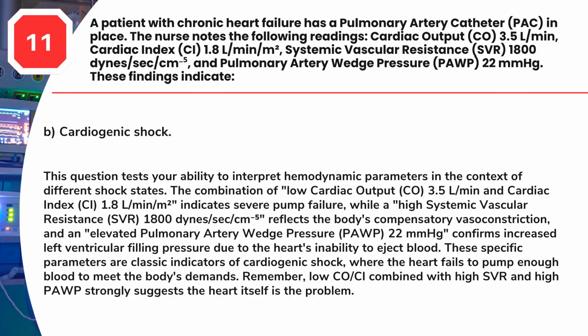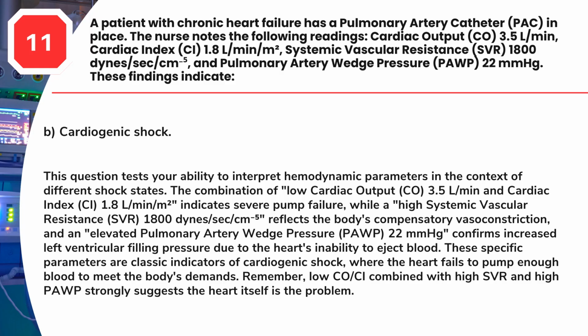The combination of low cardiac output (CO) 3.5 L/min and cardiac index (CI) 1.8 L/min/m² indicates severe pump failure, while a high systemic vascular resistance (SVR) 1800 dynes/sec/cm⁻⁵ reflects the body's compensatory vasoconstriction and an elevated pulmonary artery wedge pressure (PAWP) 22 mmHg confirms increased left ventricular filling pressure due to the heart's inability to eject blood.